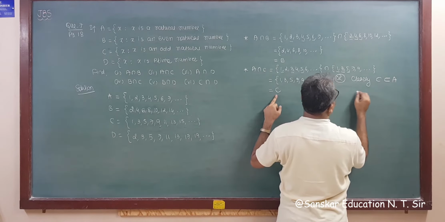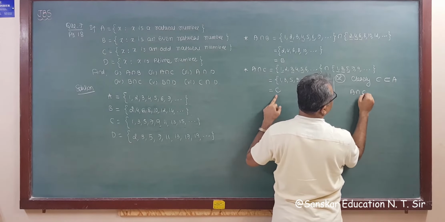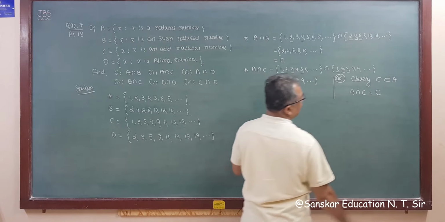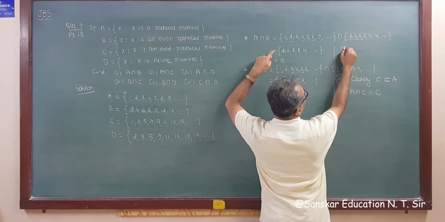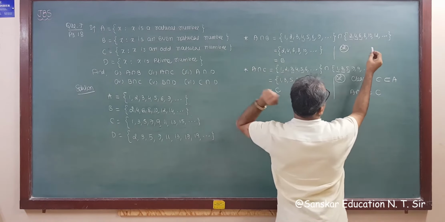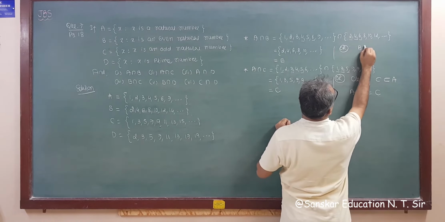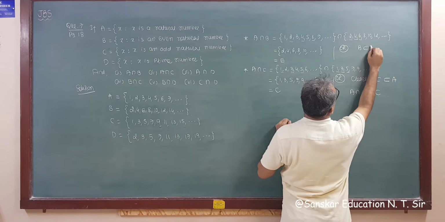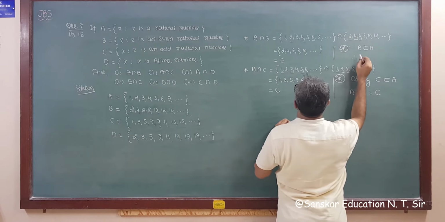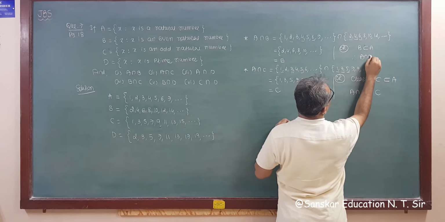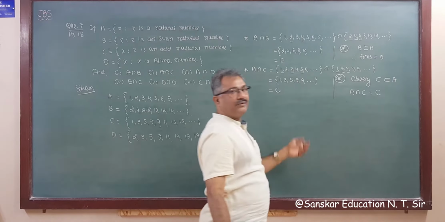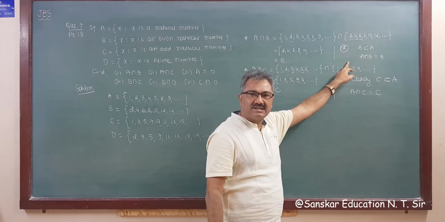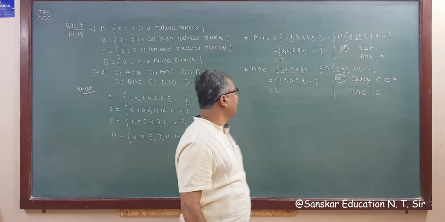So A intersection C is equal to C. Similarly here, clearly, or if you want to write, then you can write that B is a subset of A. So therefore A intersection B is equal to B. If you write this answer, then this is also a valid and correct answer, right?